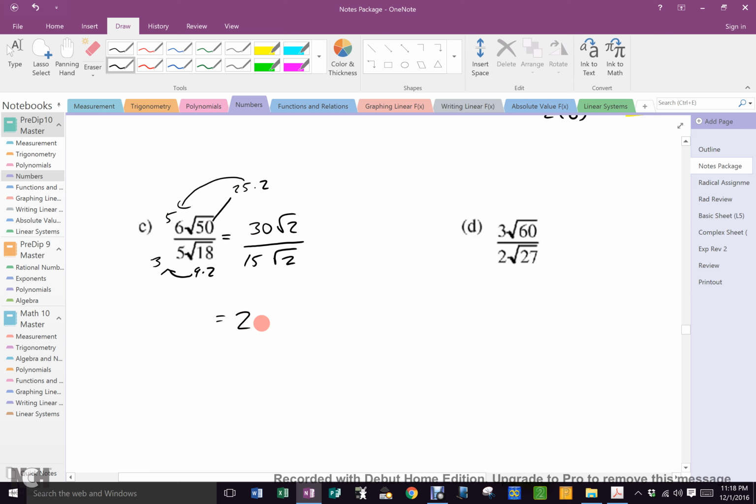Root 2 divided by root 2 cancels, and I'm left with 2. Same thing here. 60 is 4 times 15. 27 is 9 times 3. So I get 6 root 15 over 6 root 3. 6 divided by 6 cancels. Root 15 divided by 3 is root 5.